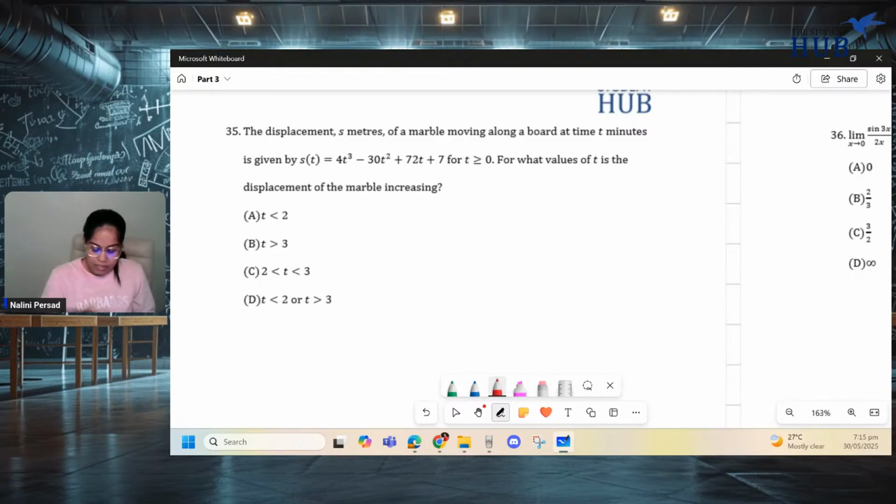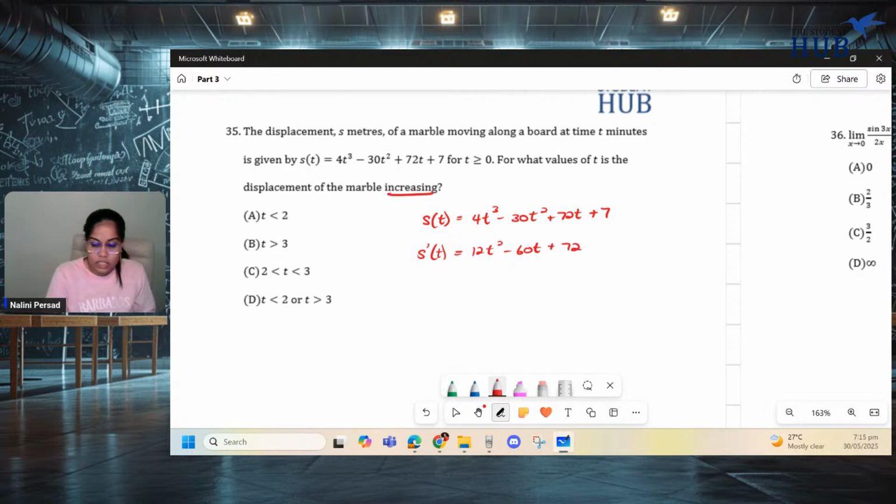But they just have a worded question here, right? So the displacement S of t is this, plus 7. So what we want to do is differentiate, and we're going to get 12t squared minus 60t plus 72.